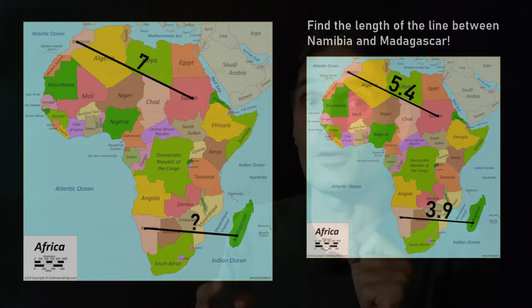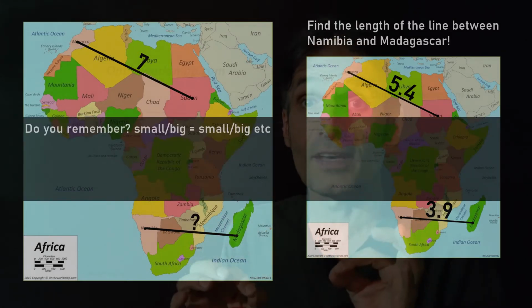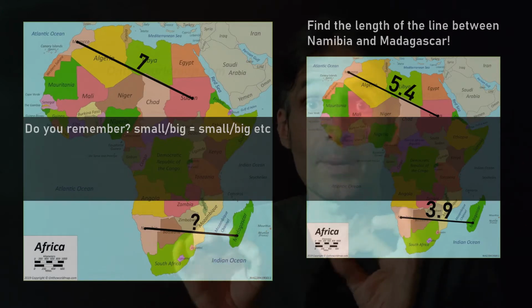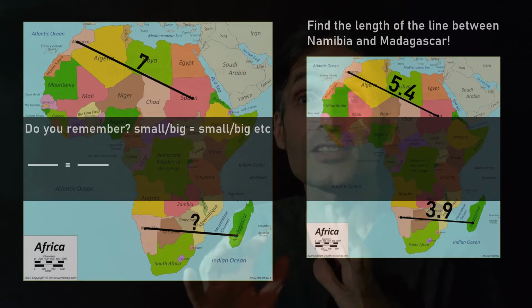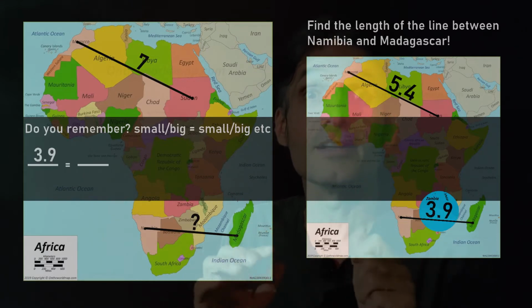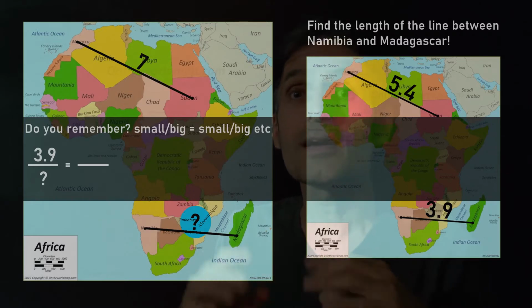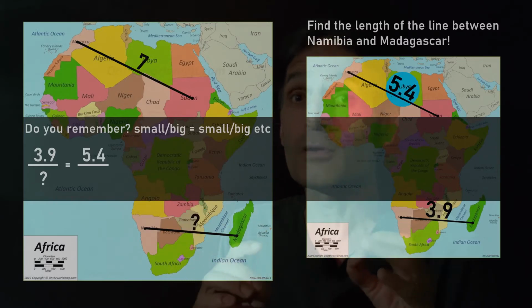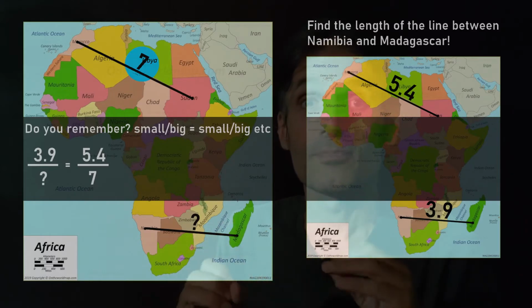Let's see that together. Do you remember all distances on the small thing divided by their equivalent on the big thing are equal? So, I prepare the fractions and I write 3.9, small map, divided by question mark, big map, equals 5.4, small map, divided by 7, big map.